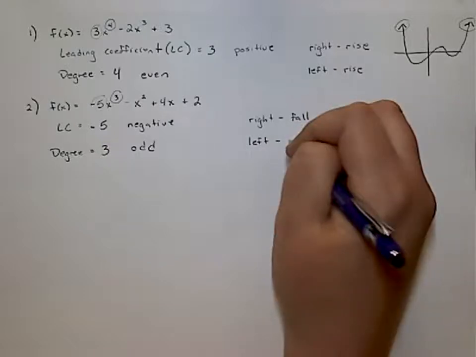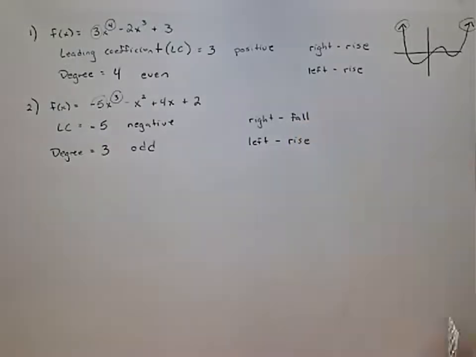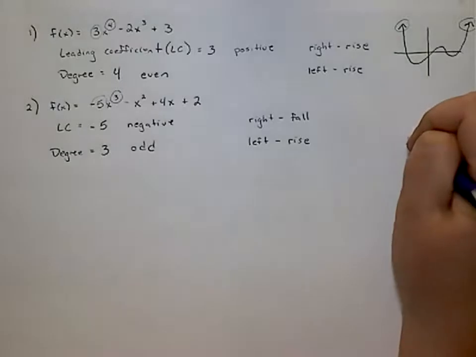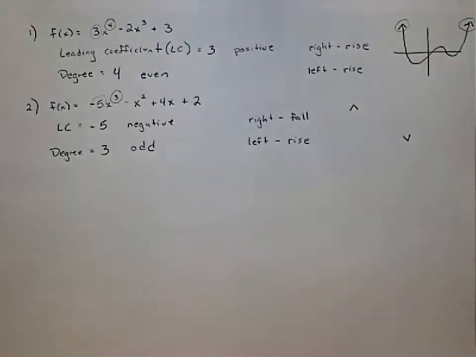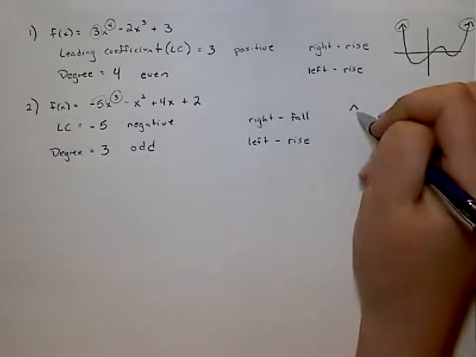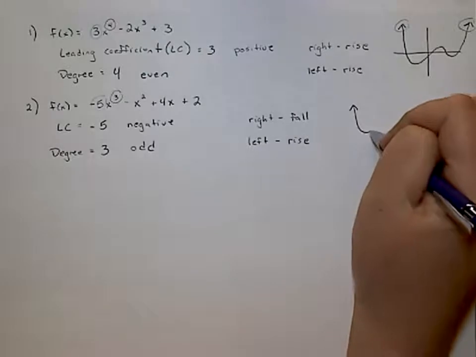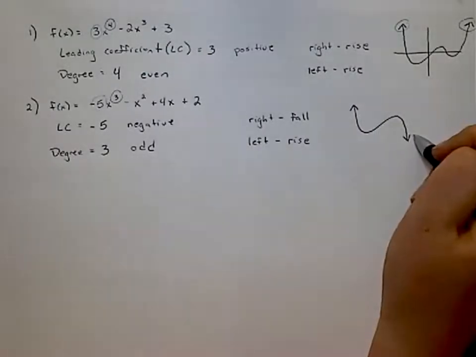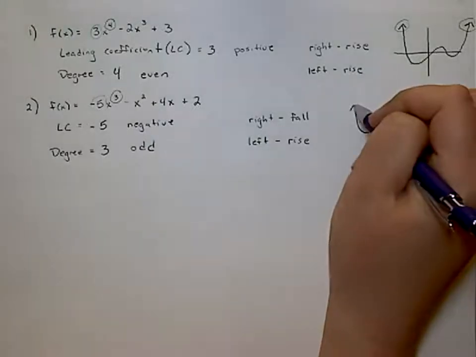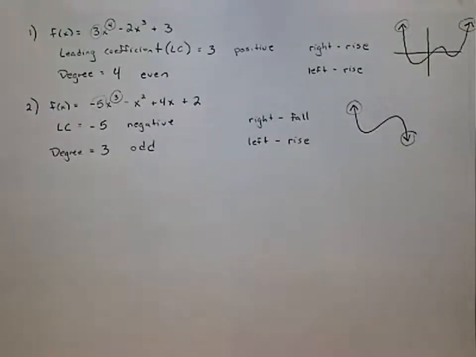So the left side is going to rise. So our right side is going to fall, our left side is going to rise. Now what happens in here? I don't know, but I'm going to take a good guess, and I'm going to draw some kind of cubic. So our right side fell, our left side rises.